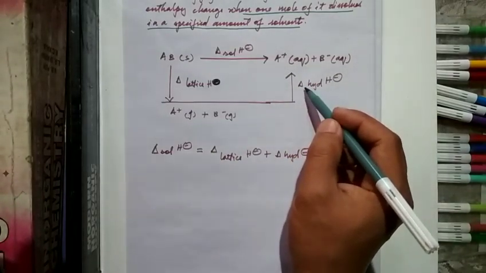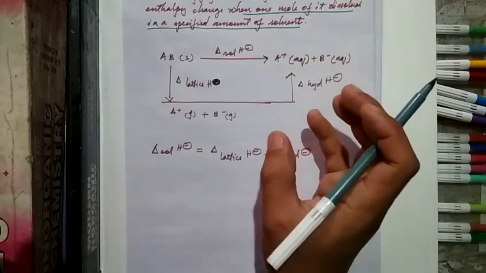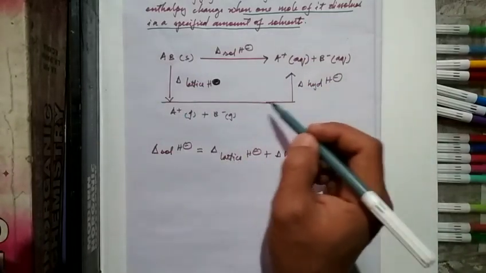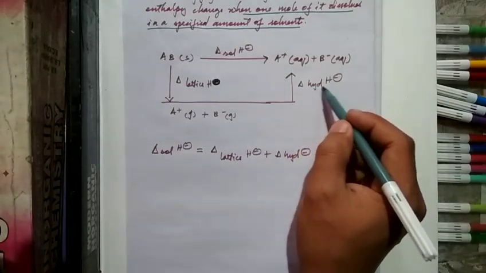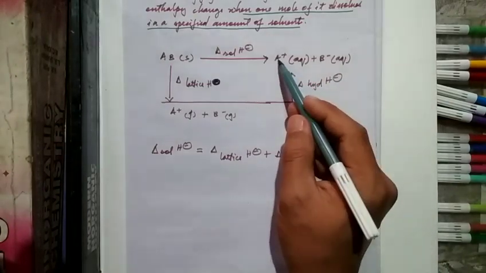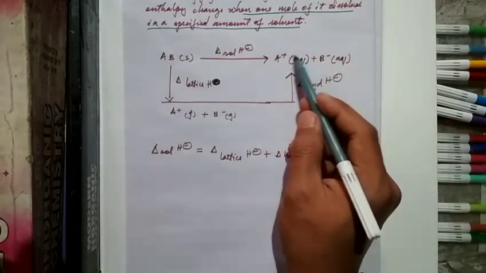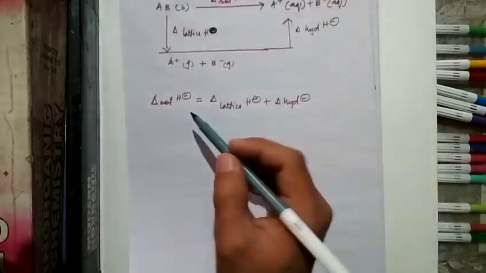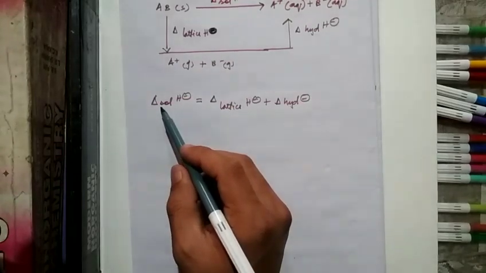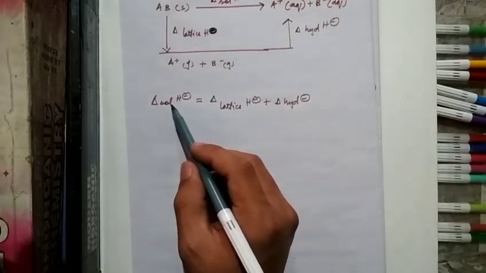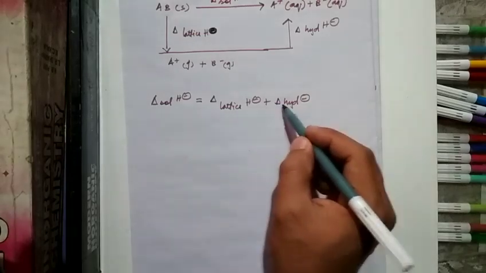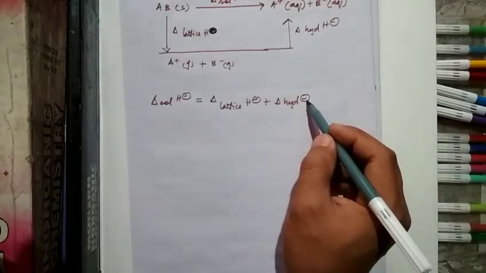The energy involved when these ions are hydrated is called the hydration enthalpy. That's why we wrote A plus aqueous, B minus aqueous. So usually, the enthalpy of solution will be given by this lattice enthalpy and hydration enthalpy.